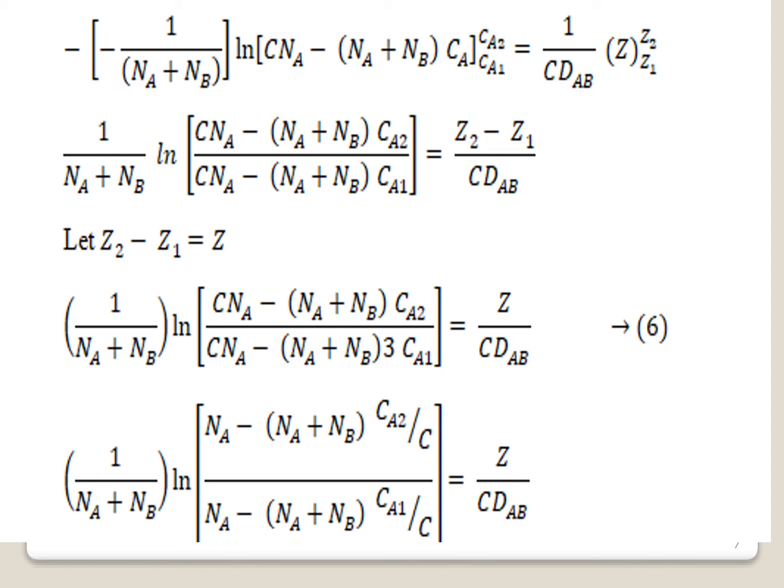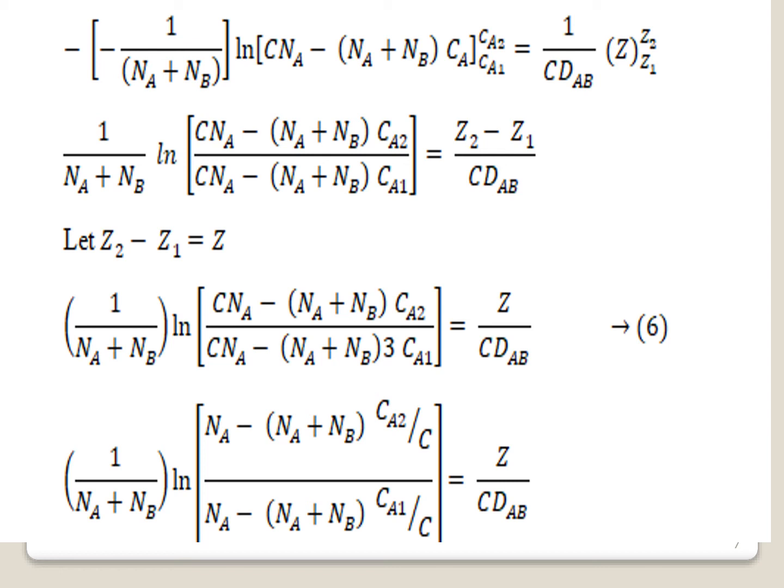Are you clear? Okay, so this is the LHS over. On the RHS, upper limit minus lower limit: Z2 minus Z1 divided by C into DAB. Are you clear now? Yes.